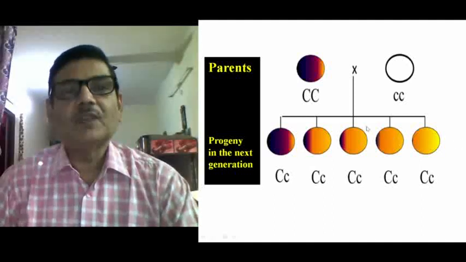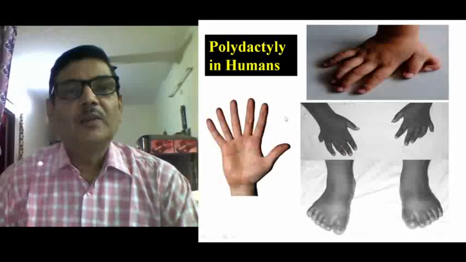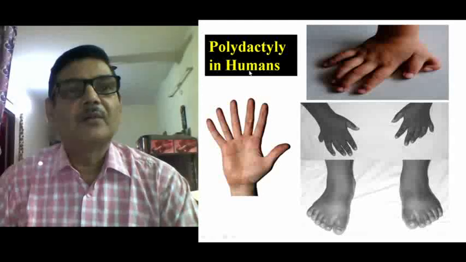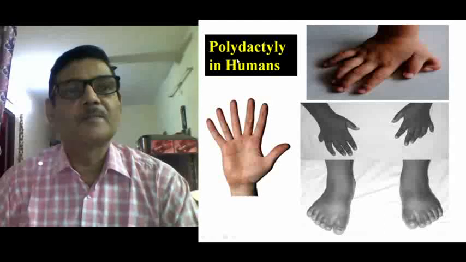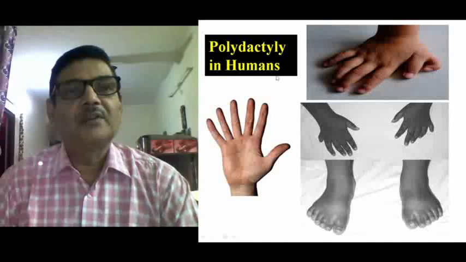So this diagram tells about variable expressivity. We can have an idea from this example also, which is taken from humans. In humans there is a feature that is polydactyly. We are actually pentadactyl persons, that is, we have 5 fingers.